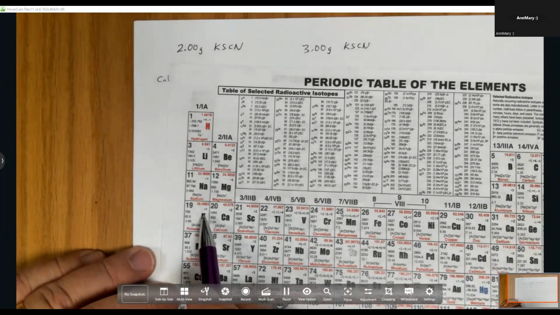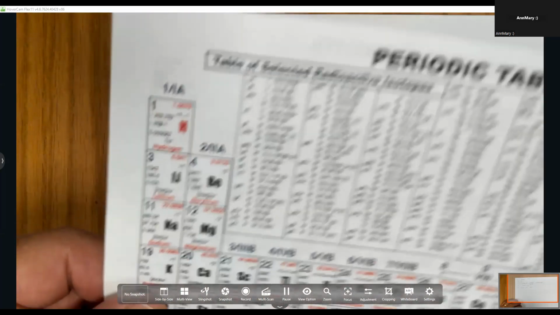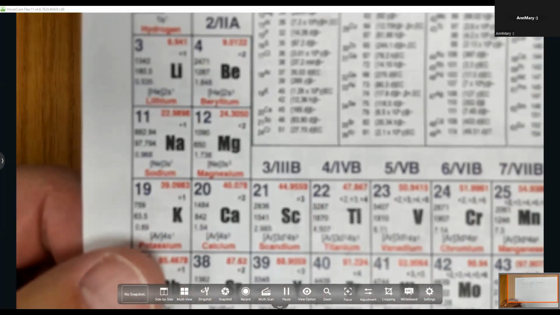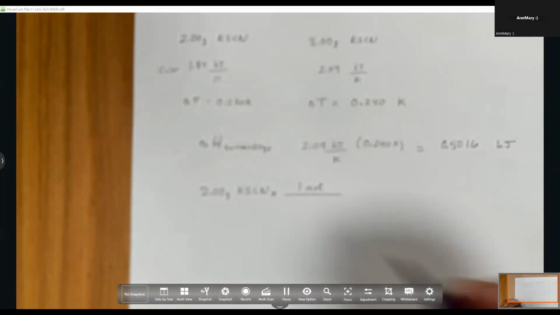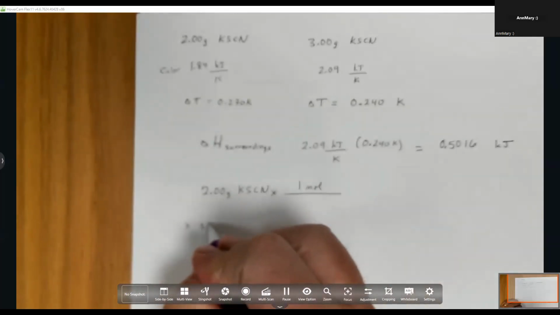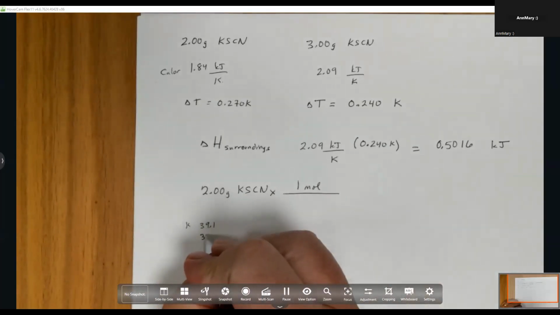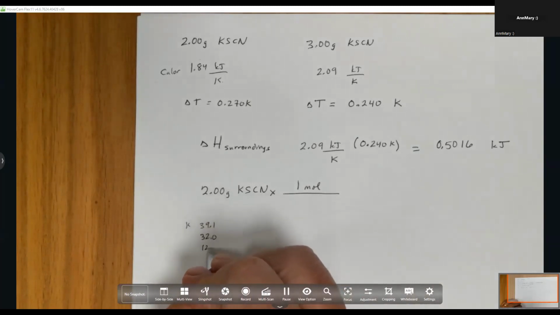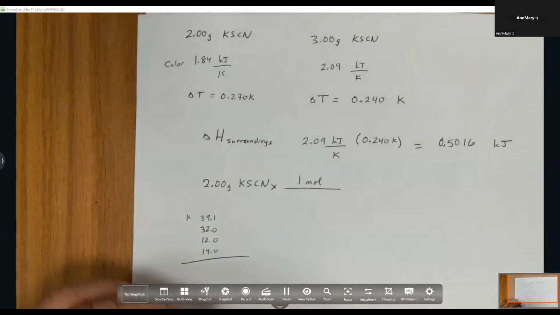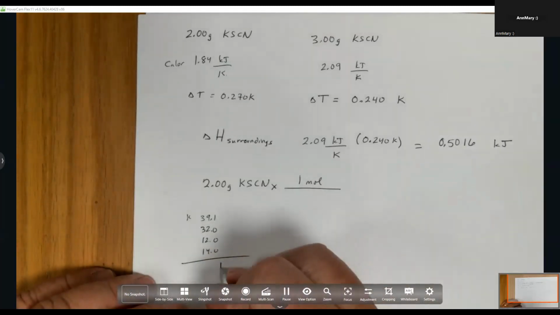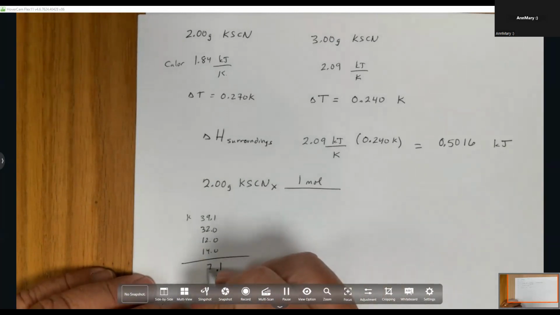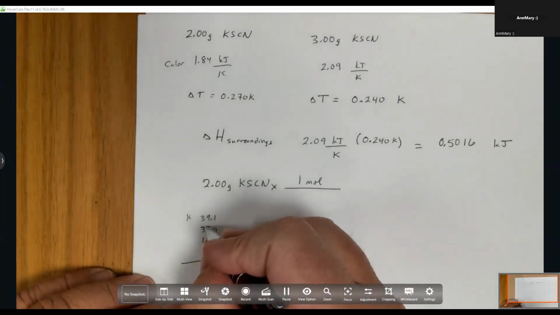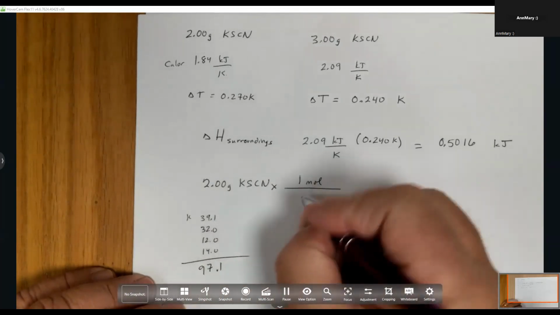Potassium is 39.1, sulfur is 32, carbon is 12, nitrogen is 14. Add those up: 97.1.